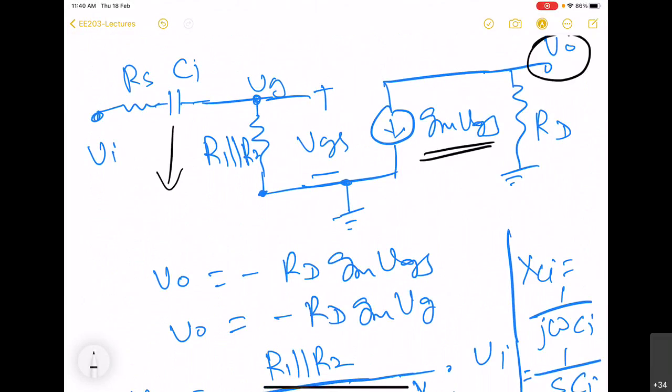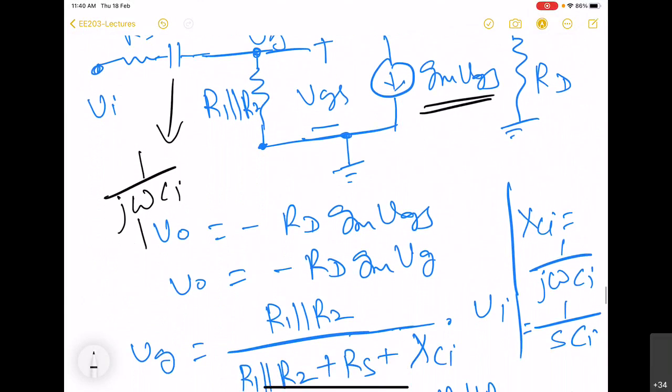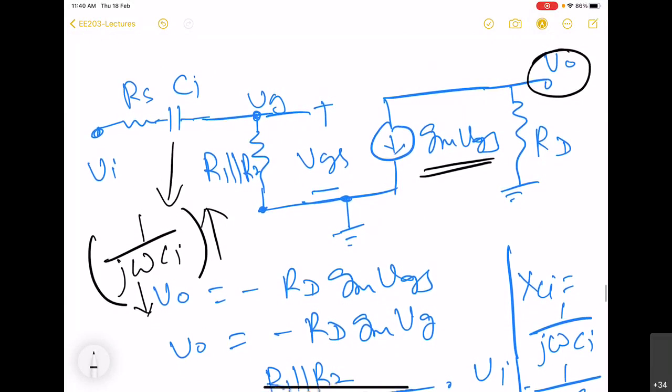The impedance offered by this Ci is 1 by j omega Ci. Now what happens when you decrease this frequency omega is this impedance is going to increase. When this impedance increases, most of this input voltage that we are applying here will start getting developed across the Ci. So this Ci will consume most of the input voltage.